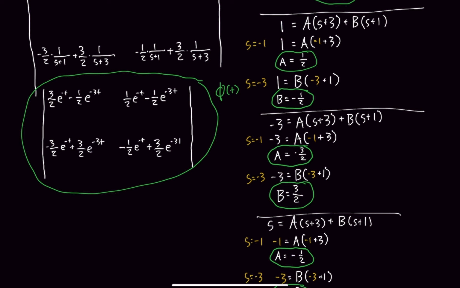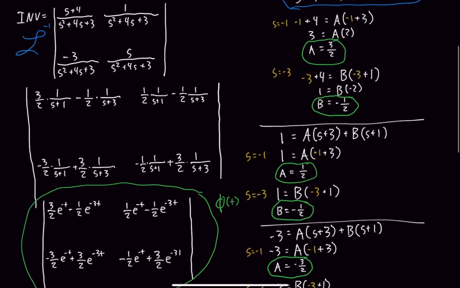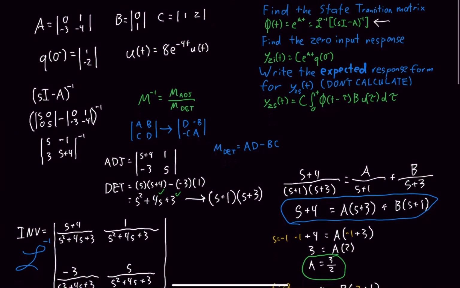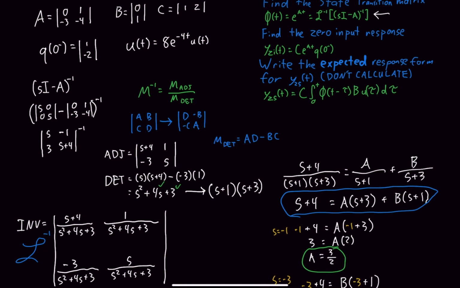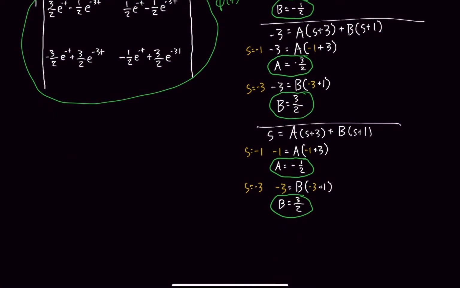So now the second part of the problem tells us to find the zero input response. So that is this one right here, C with our state transition matrix times the initial conditions. I'm going to simplify this.